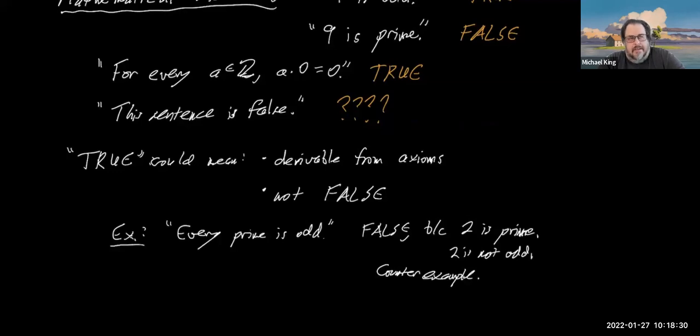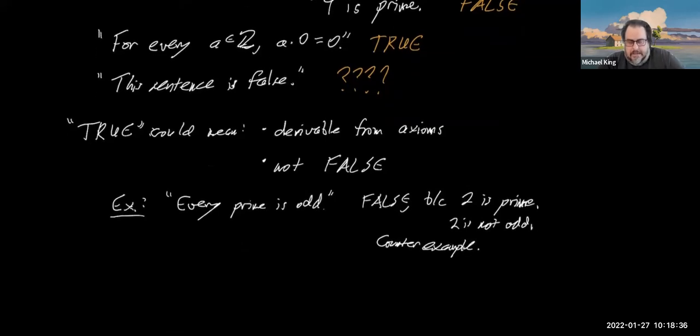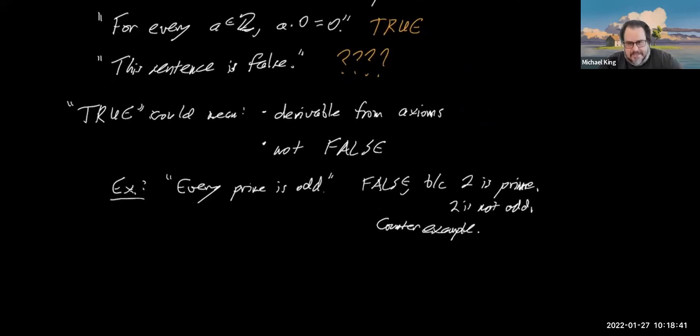But there's a weird thing, and we're going to see this in the truth tables we're looking at soon, which is that empty statements with no content are actually considered true.